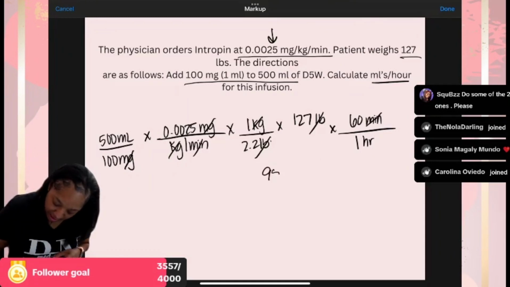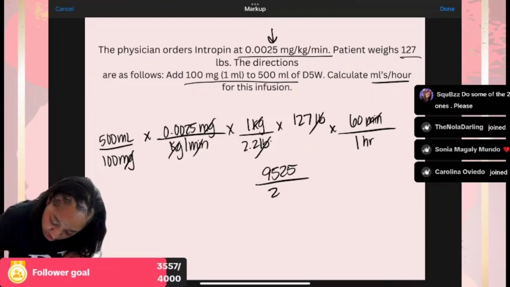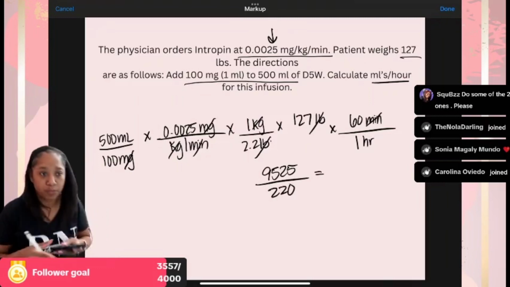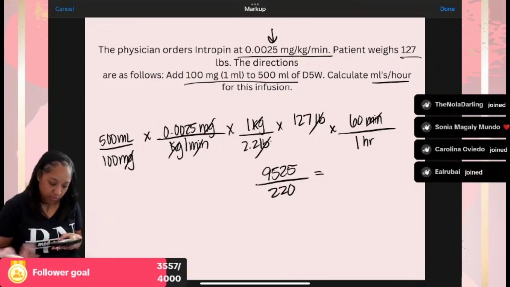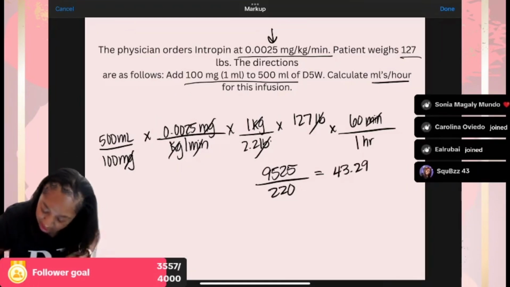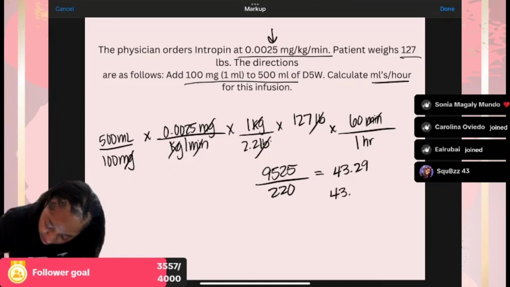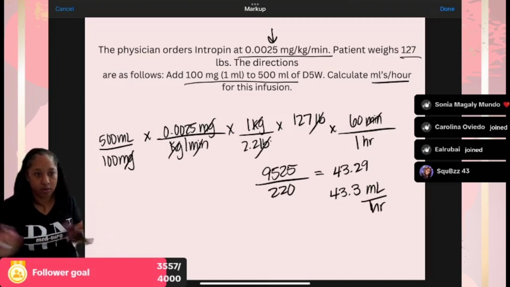So that's 9525 over 100 times 2.2, which is 220. 9525 divided by 220 is 43.29. So let's see, 43.3 mLs per hour, or 43.